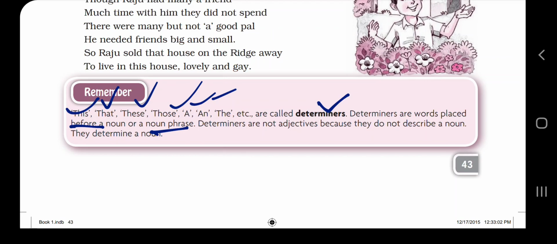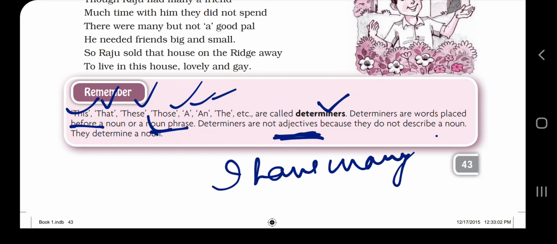And what is a noun phrase? A noun phrase is a group of words. A phrase is a group of words which does not give a complete sense. So we will understand more about phrases in the next class. Let's move. Determiners are not adjectives. Always remember. Like, I have many friends.